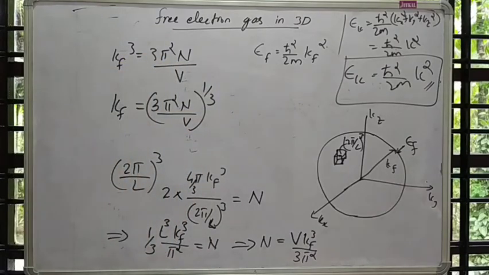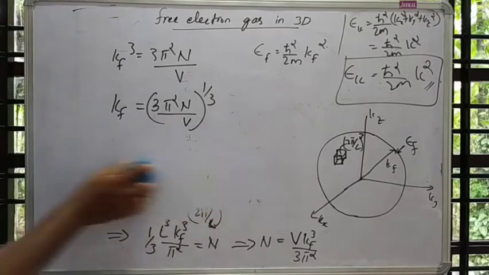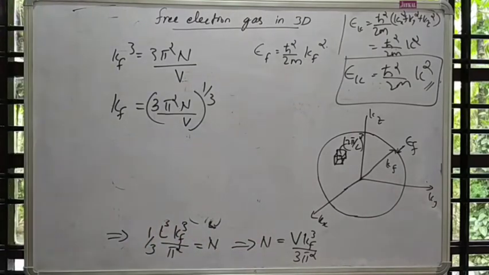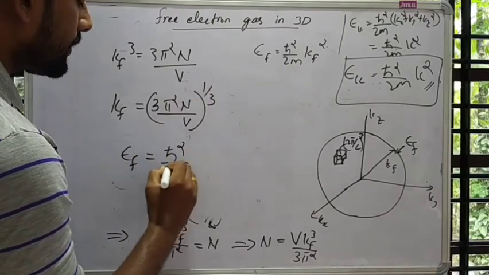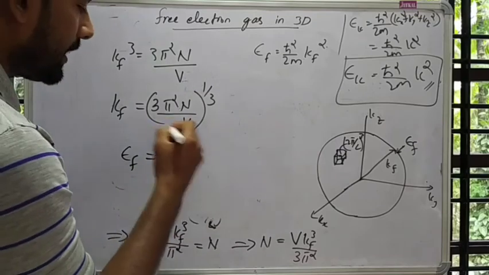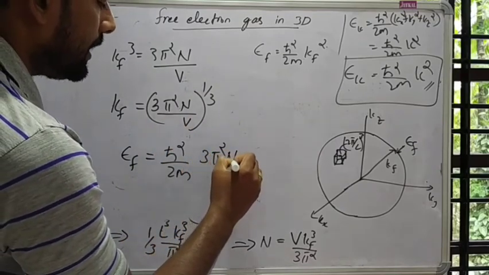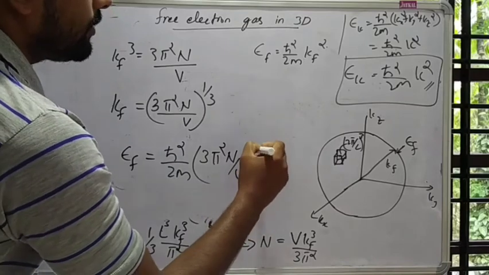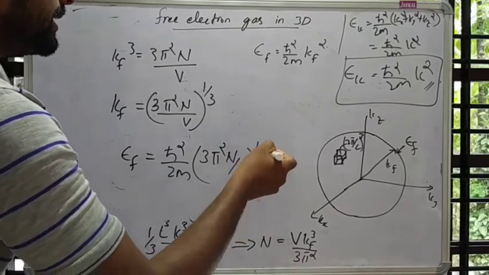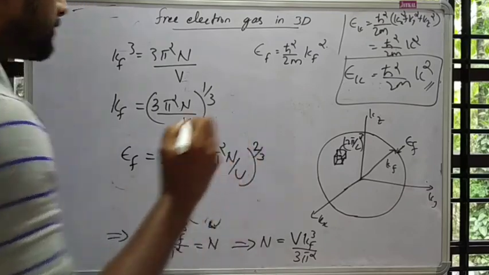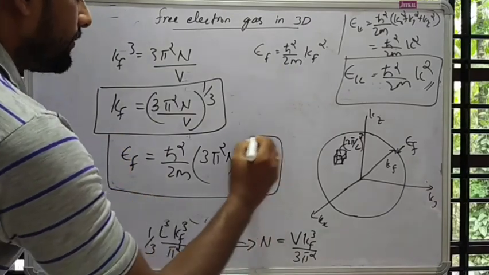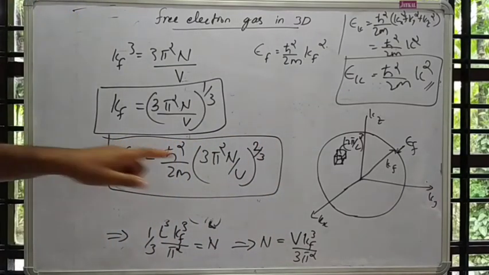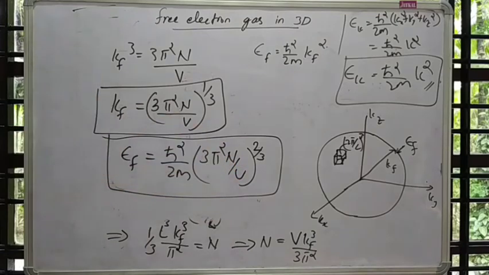Okay, this is the value of kF, and the Fermi energy EF is equal to ħ square over 2m into kF square. kF square is (3π square N over V) whole raised to 1/3, whole square means whole raised to 2/3. So this is the value of kF, and this is the value of EF, the Fermi energy in terms of number of electrons per unit volume. Okay.